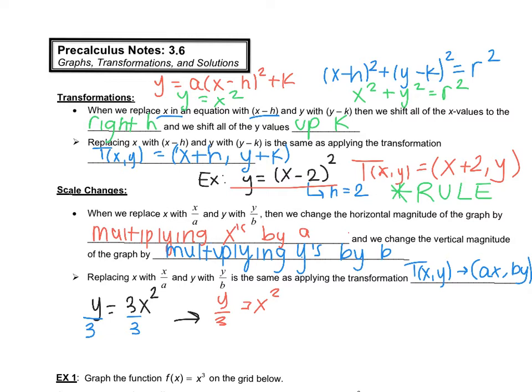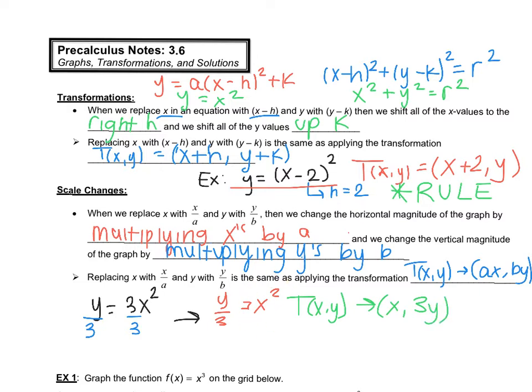So again, it appears as the actual opposite of what you see in the equation. Just like up here we had x minus 2, the rule itself was add 2 to all the x's. So in here I see y divided by 3, but the actual transformation rule, T, the transformation on x and y, takes x and y to regular x, 3y.